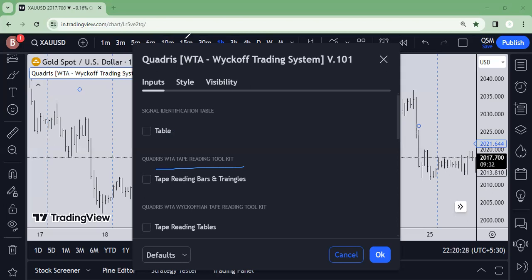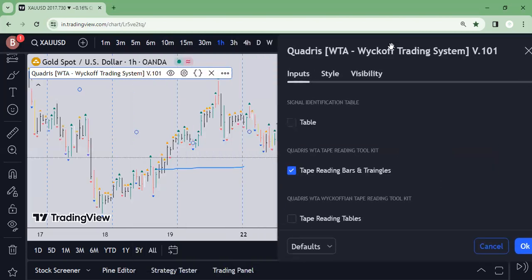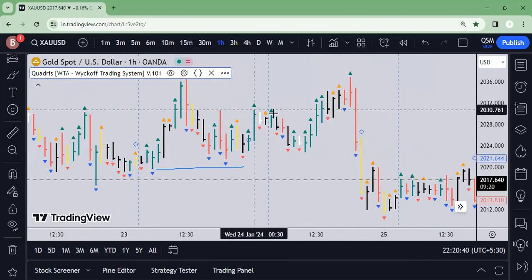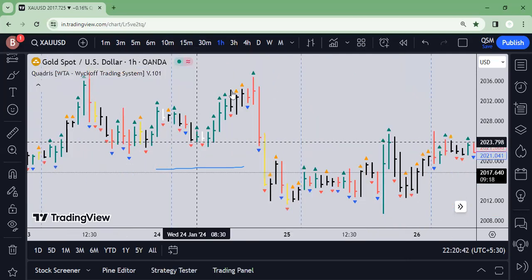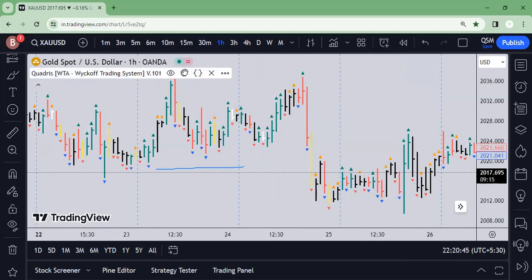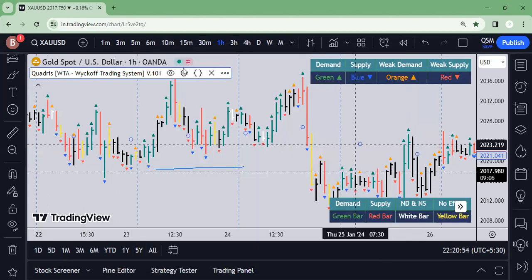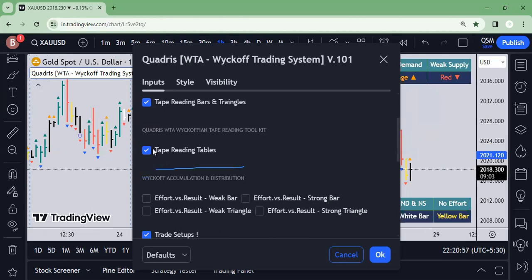If you click on this one, you will get bars and triangles of tape reading. But for the initial stages, if you want the table for this tape reading toolkit, then you have to check this box stating Quadris WTA Wyckoff tape reading toolkit, tape reading tables.